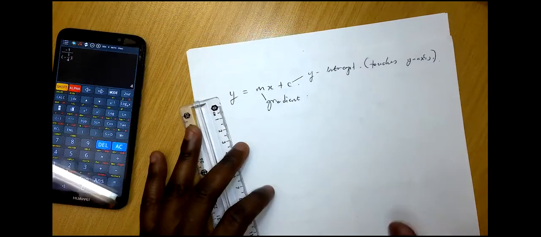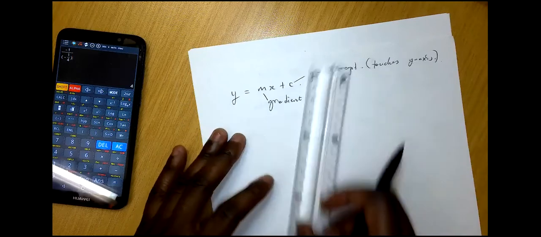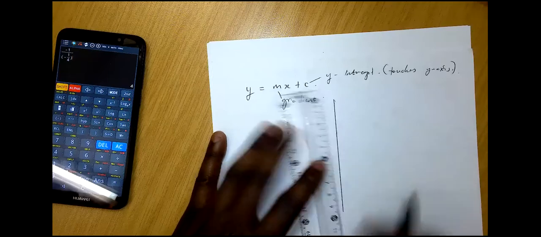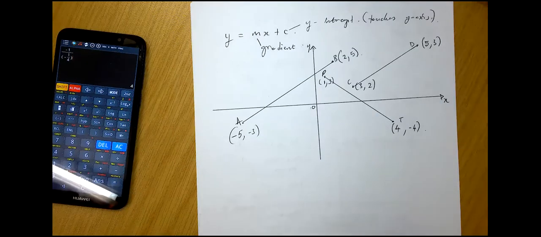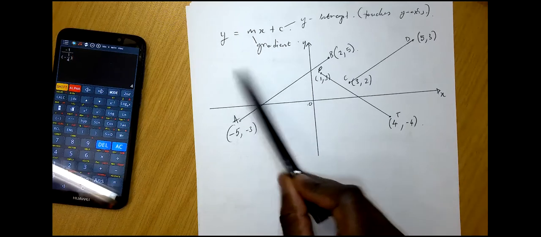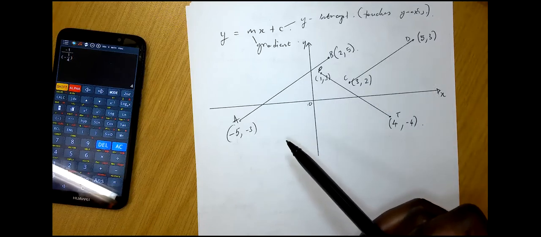Let's have an example here. Let's calculate the equation of a line. We have the gradient here that was given for these lines, and we need to calculate the equation of a line.